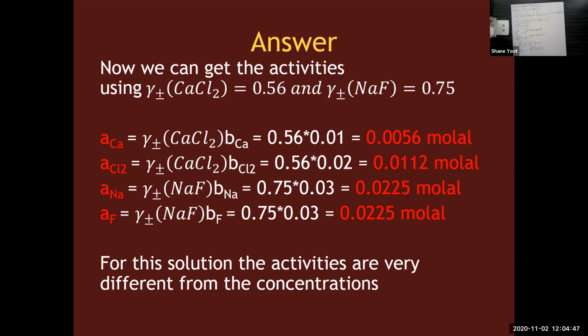The fact that the activities of these ions is, say, for calcium, like 50% less than the theoretical concentration, makes a big difference in the overall solubility and things of that nature. Any questions about this example? How we did it? Why we did it?